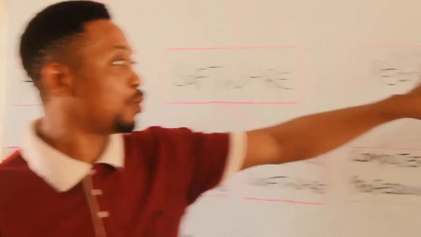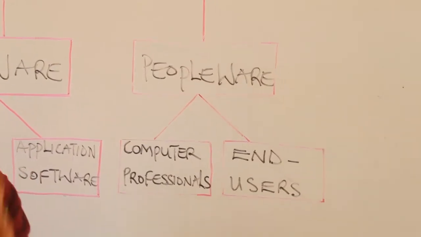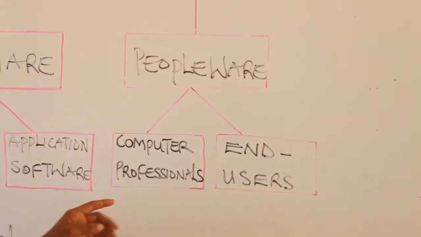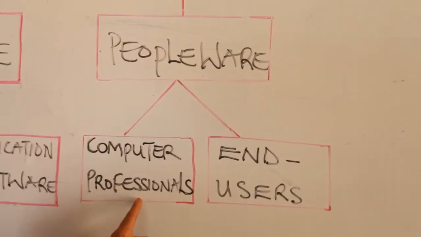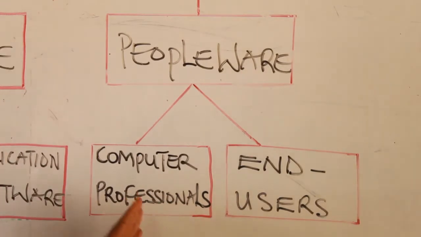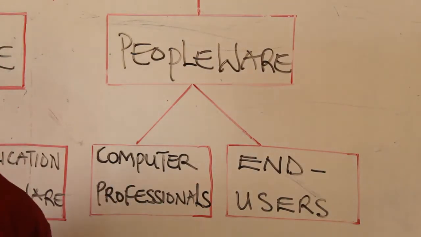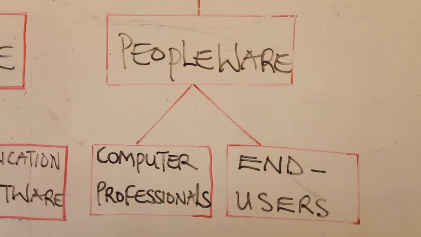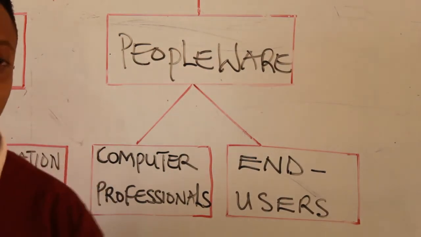The peopleware are divided into two major types. We have the computer professionals and we have the end users. Computer professionals are those people who have undergone training in an institution of learning and are certified. All those who have undergone training in a computing institution and are given certificates of competency are known as computer professionals.